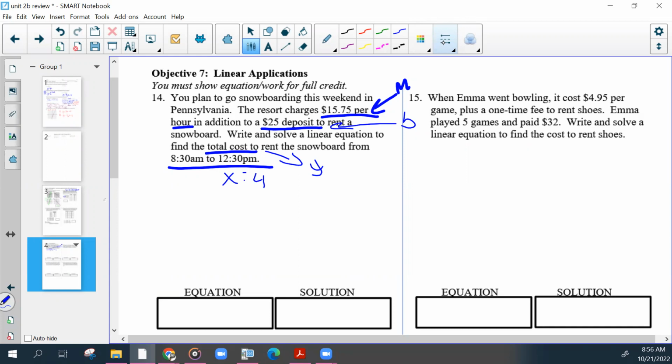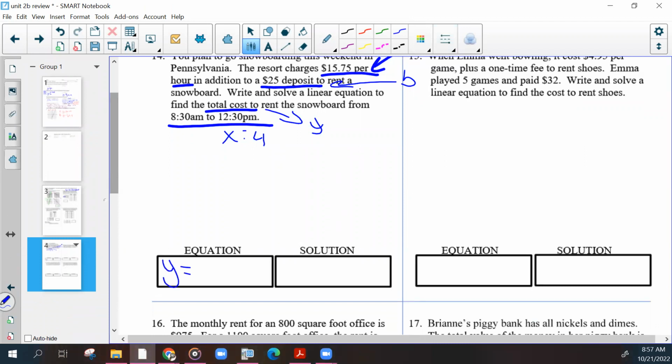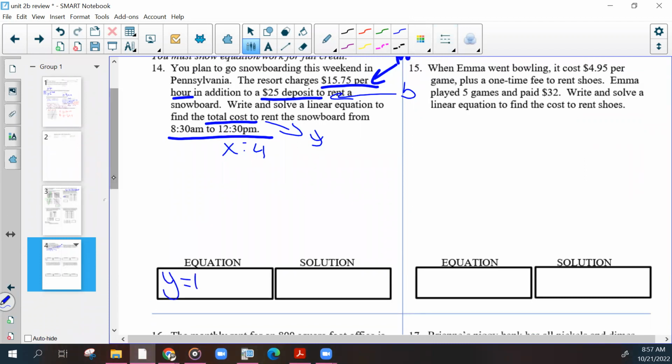We don't know what Y is, so that's gonna stay our variable. We know our M is 15.75. You know our X is 4. I'm running out of space. And our B is 25, so plus 25.